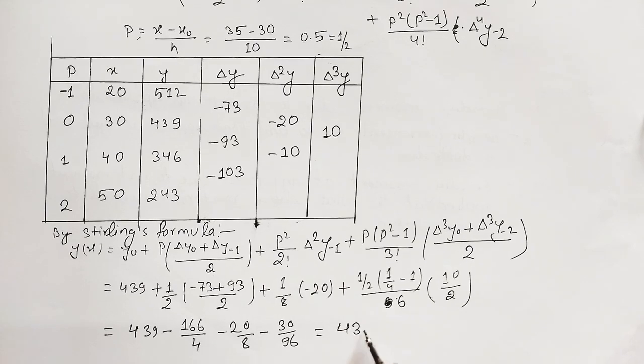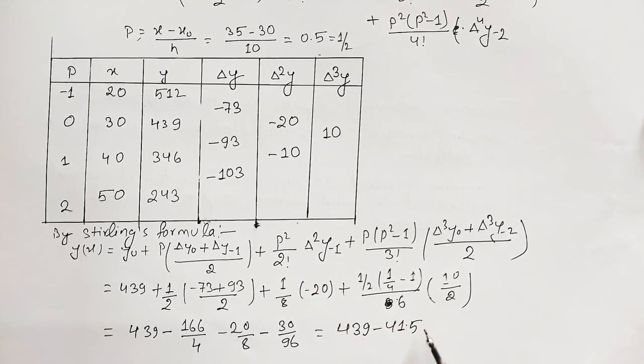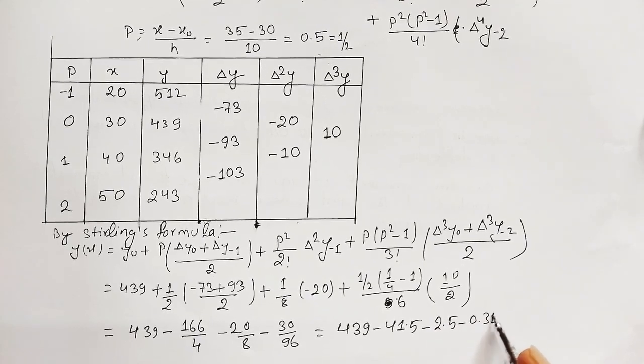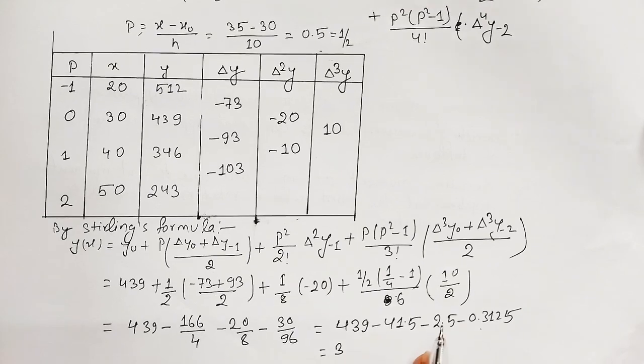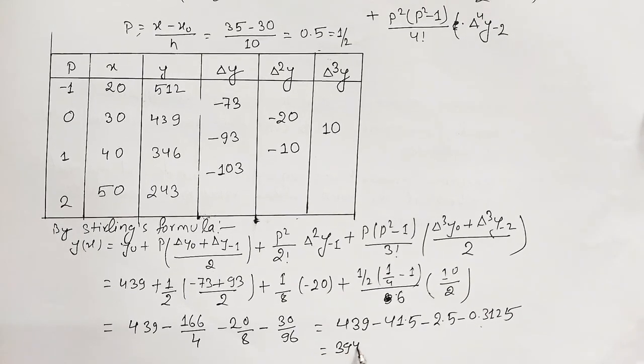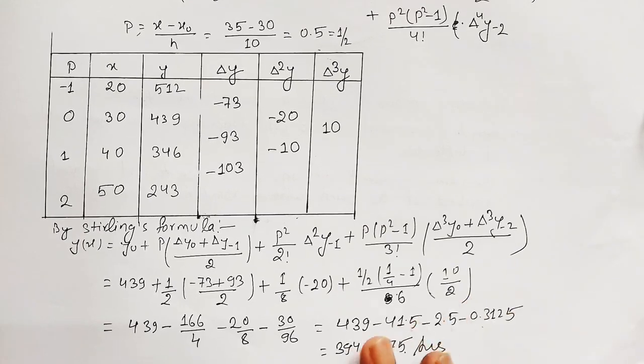On converting into decimal, we will have 439 minus 41.5 minus 2.5 minus 0.3125. On adding these numbers, we will have here 394.685, and this is our final answer of F35.